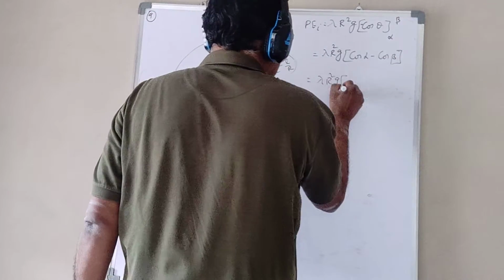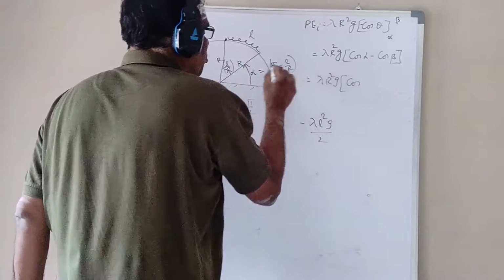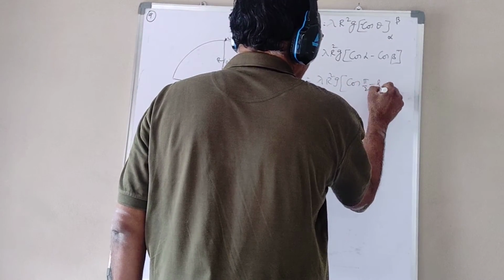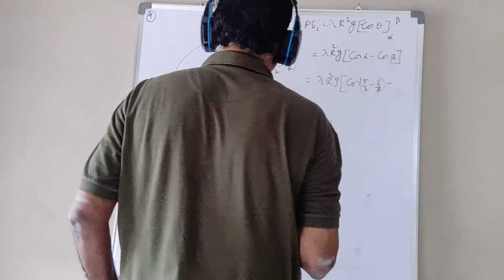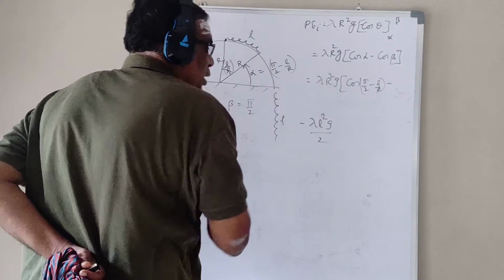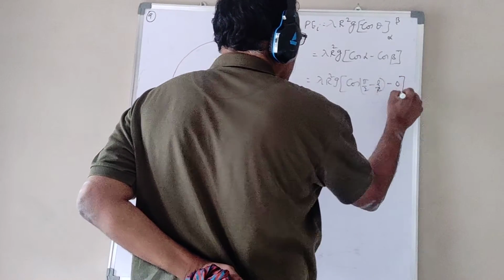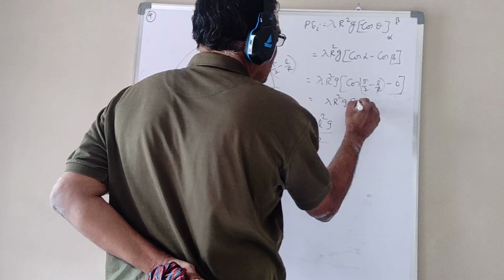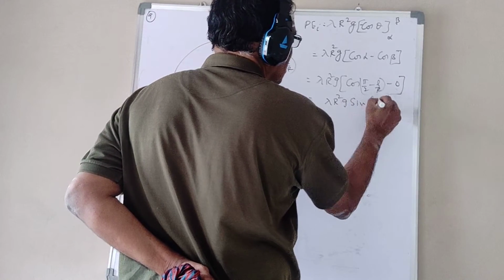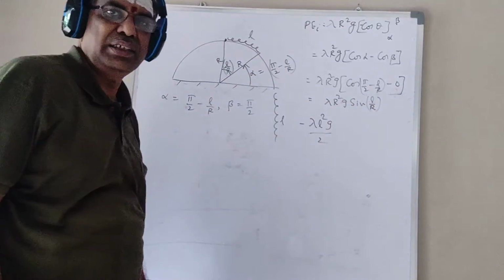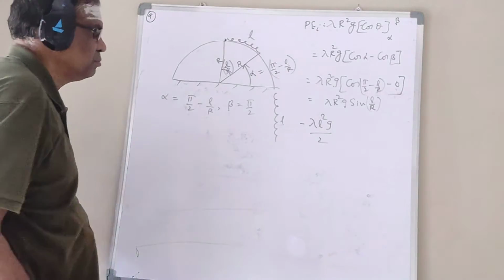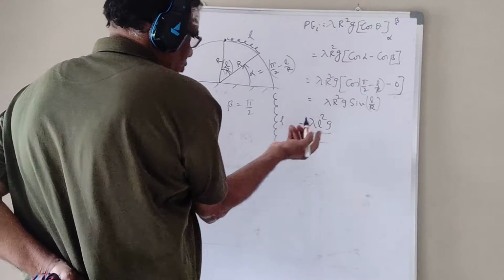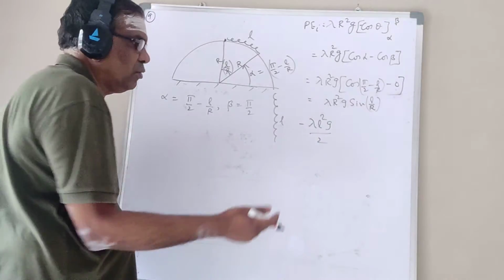Lambda r square g cos of pi by 2 minus L by R minus cos pi by 2, cos 90, 0. So, lambda r square g sin L by R. This is initial potential energy. And so, this is the final. If you want, you can directly find out final.